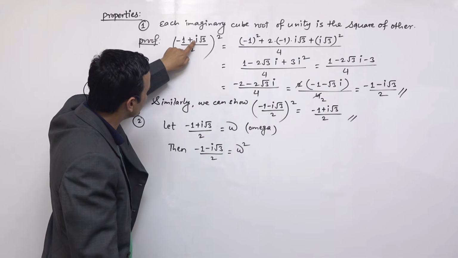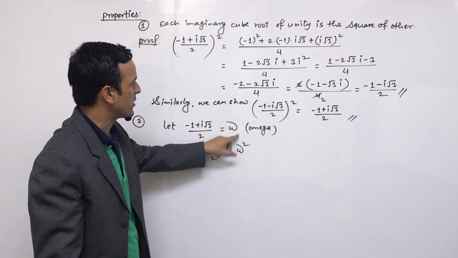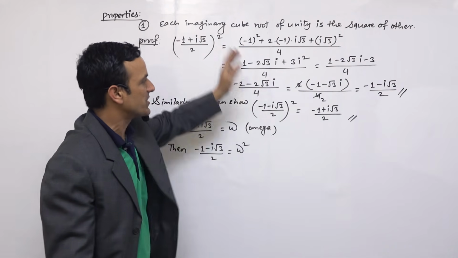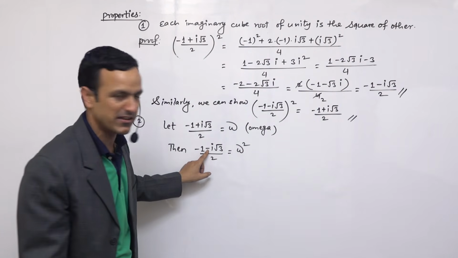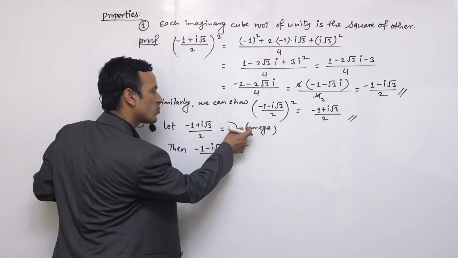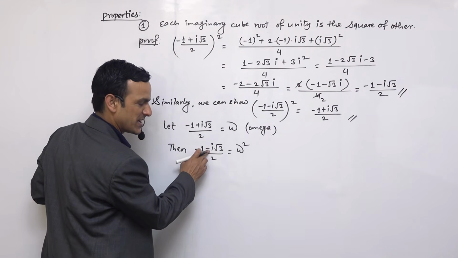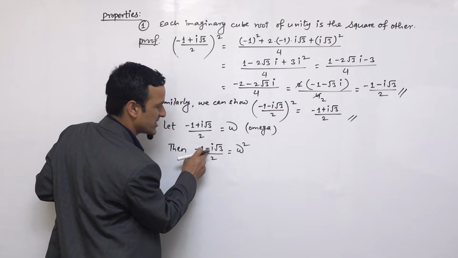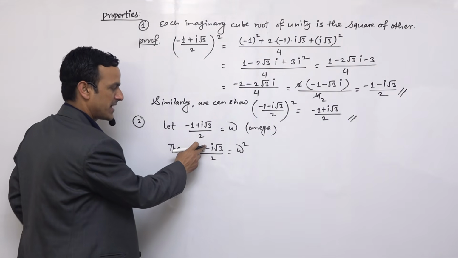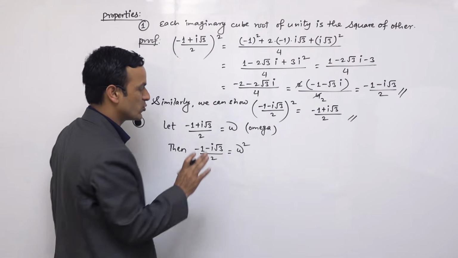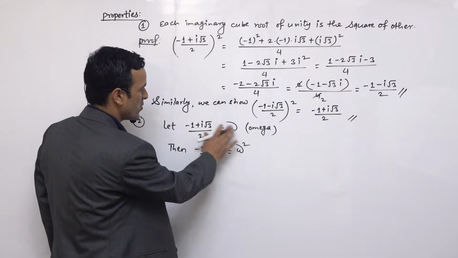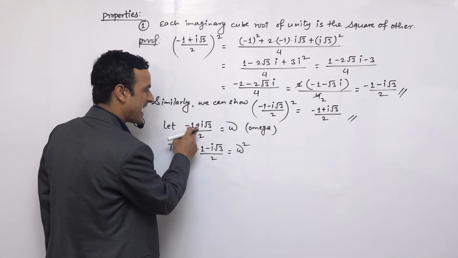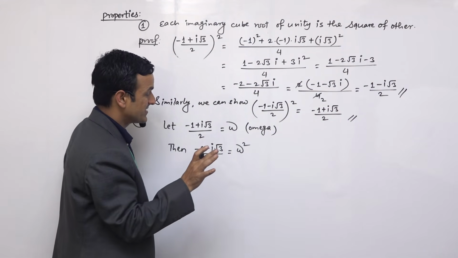If we take this term as omega, the result from its square is always the minus form. Squaring omega gives the negative term, meaning omega square is -1 minus I root 3 divided by 2. So in this way we can suppose this is omega and this is omega square.